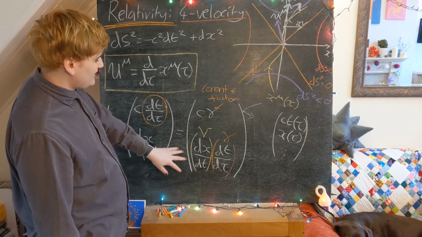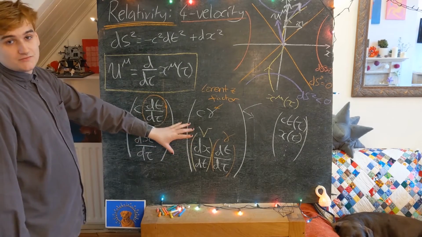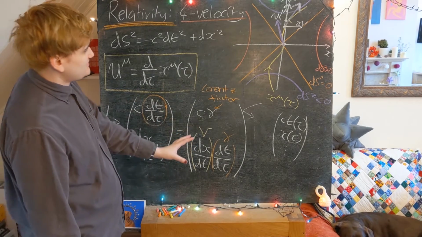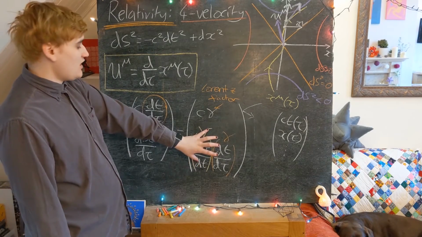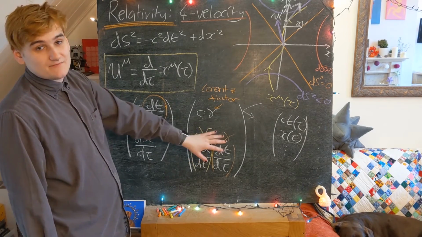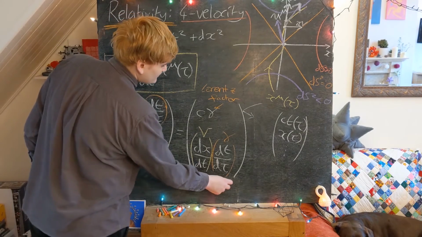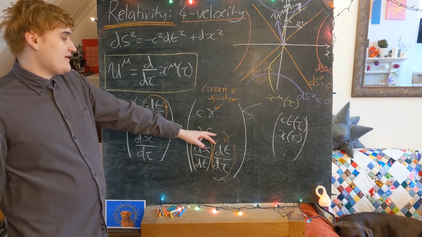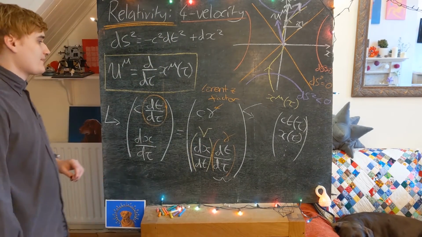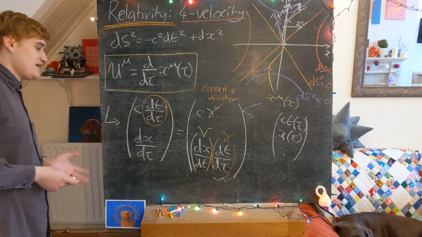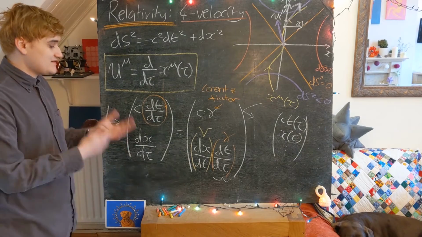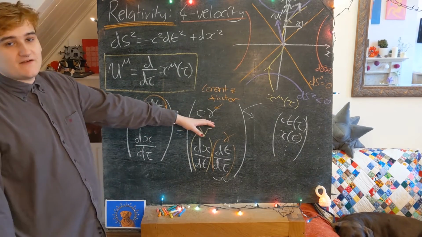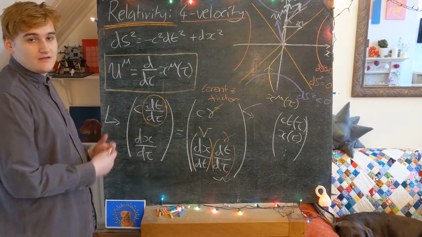We've also seen how the traditional notion of velocity, the coordinate velocity, is a part of this larger four-velocity. It's the space component, but it's also being affected by this Lorentz factor. In future videos we're going to see how these components are interconnected, and how this Lorentz factor is used to constrain the velocity.